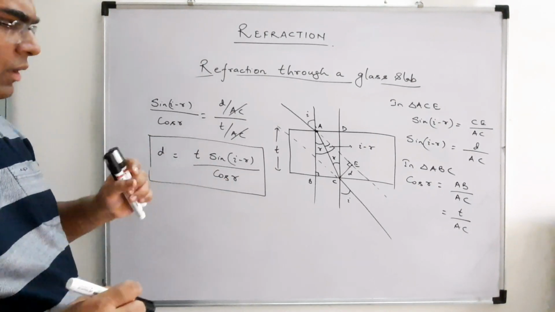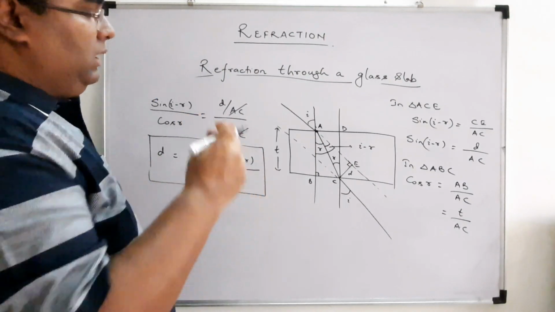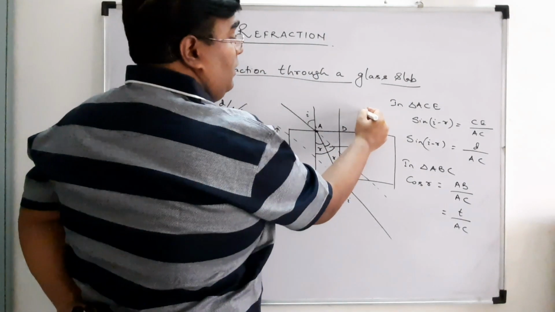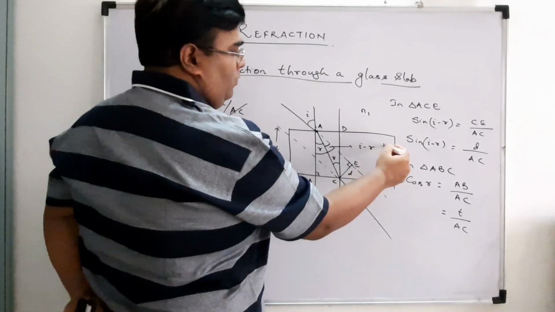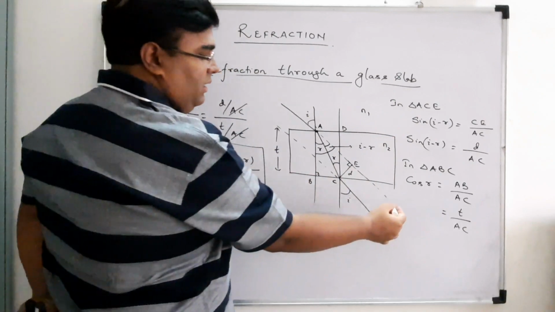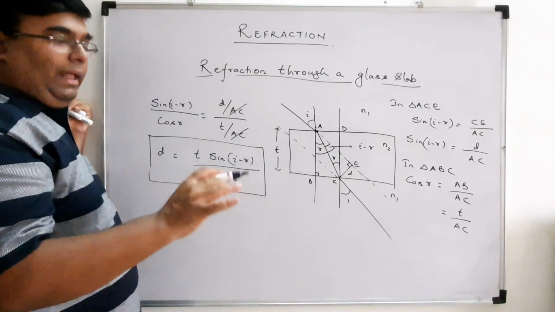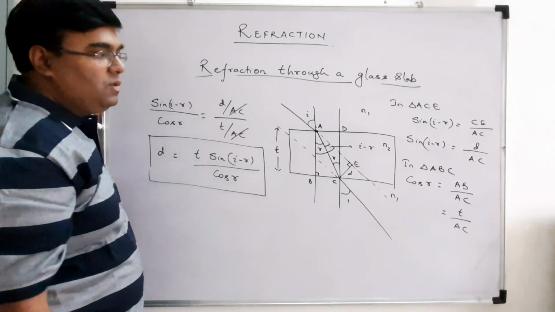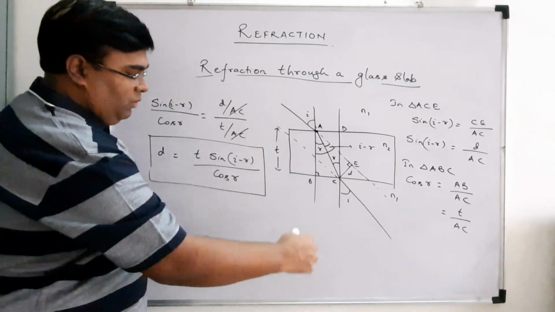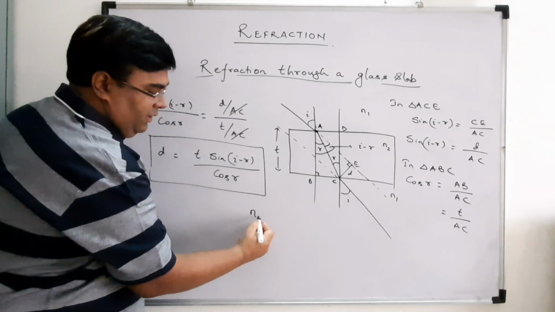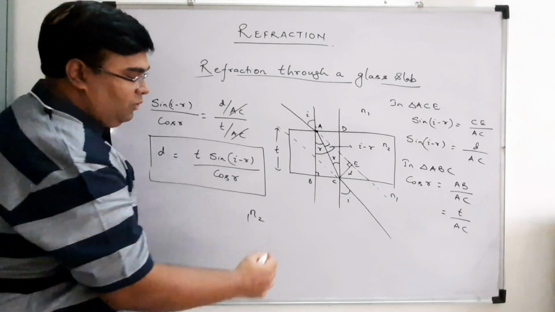Okay. Now at this point, I want to tell you one more thing. See, suppose this is my N1, and this is my N2, and again this is N1. So if you want to calculate the refractive index of glass with respect to air, what is this?